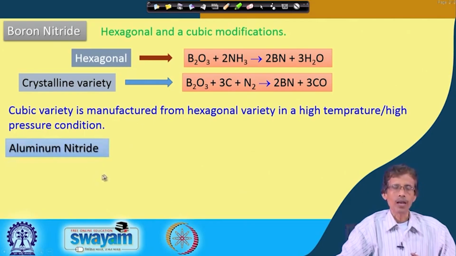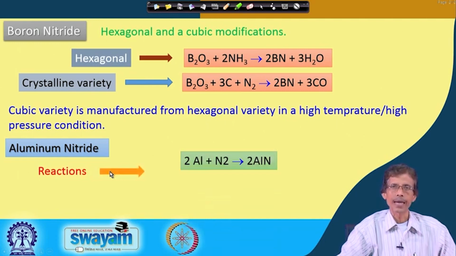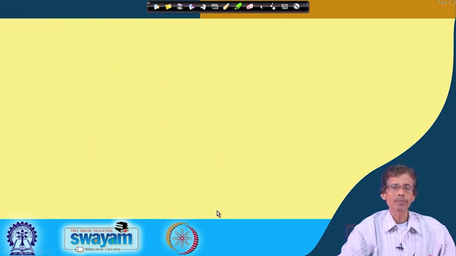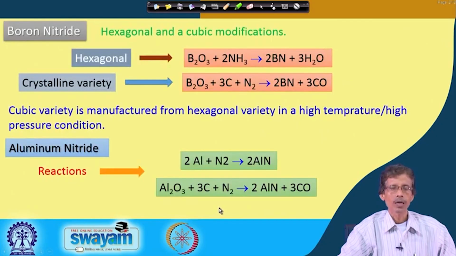Then for the nitride of aluminum, the reaction we can consider is again the direct reaction with nitrogen gas N2, or the carbon reduction process on the alumina. So, alumina will be there in your hand, and again like boron or any other oxide material, the reduction will be done in the same way. All these reactions are very simple and straightforward once we consider them for making these nitrides and other ceramic materials.